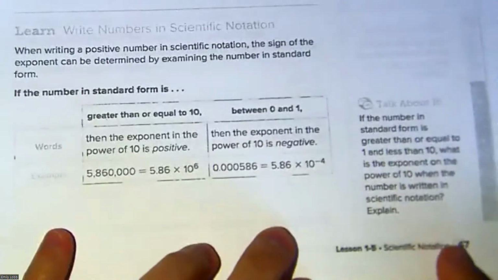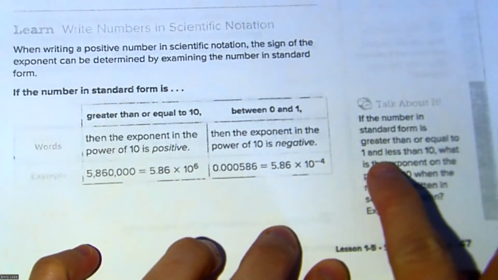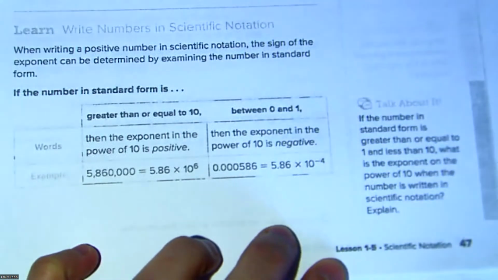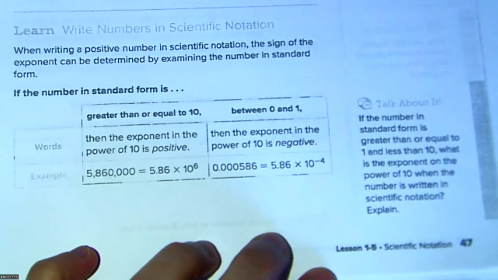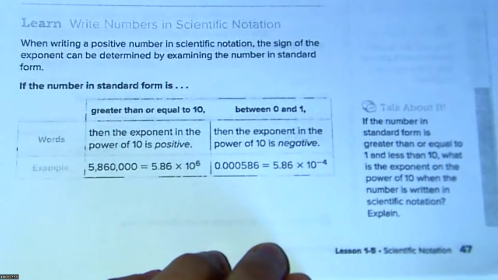So let's talk about it. If the number in standard form is greater than or equal to 1 and less than 10, what is the exponent on the power of 10 when the number is written in scientific notation? Think about that for a second. Would we multiply a number between 1 and 10 to get that by 10?